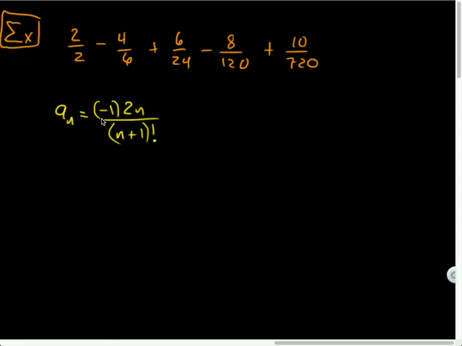-1 to the n plus 1 power? Well, think about it. If negative 1 is raised to an even exponent, it's positive. And if it's raised to an odd exponent, it's negative. So there would be our alternating signs. And if n is equal to 1 for my first term, it looks like I'd have to do n plus 1, or technically n minus 1.